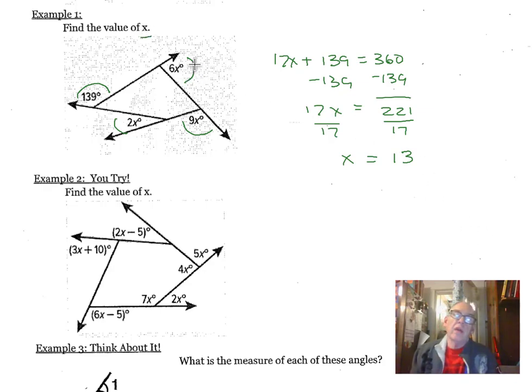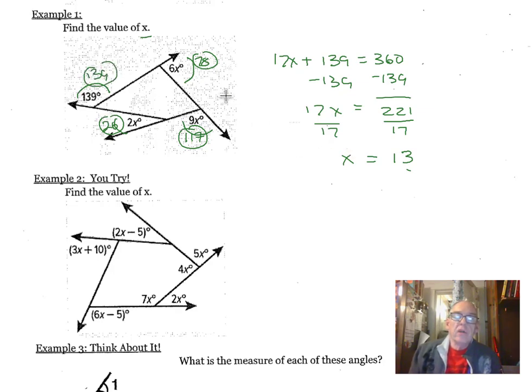For example, if we put these back in, this would be a 98, this would be a 78. This would be 9 times 13, which would be a 90 plus a 27, which would be 117. This one would be a 26. And this one is 139.